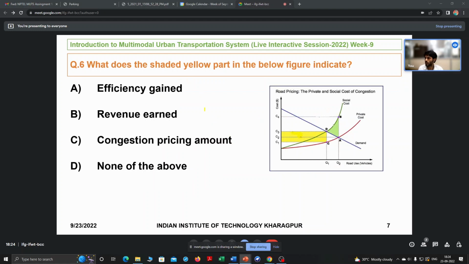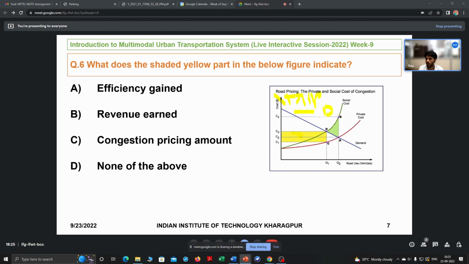Then what does the shaded yellow part in the figure below indicate, right? If you see, this is cost per trip. Now this is your demand curve.